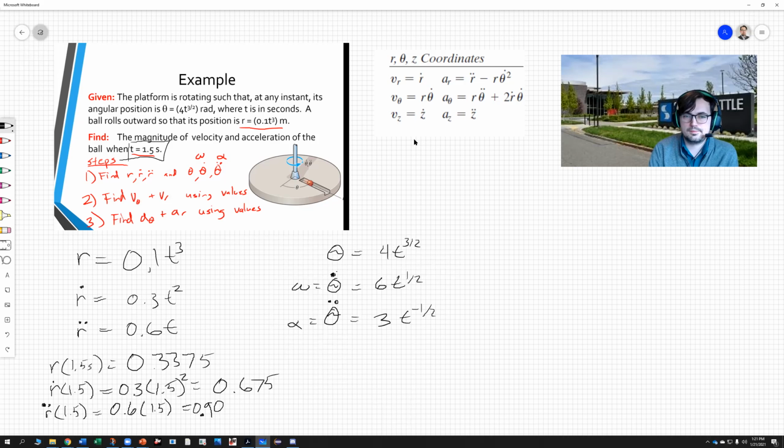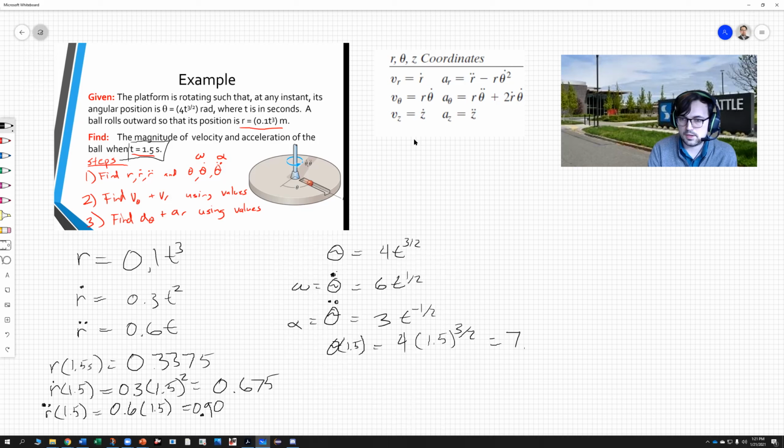All right. So moving over here, let's talk about theta at 1.5 seconds. That'll be 4 times 1.5 to the 3/2 power. We'll go to 4 significant figures here.